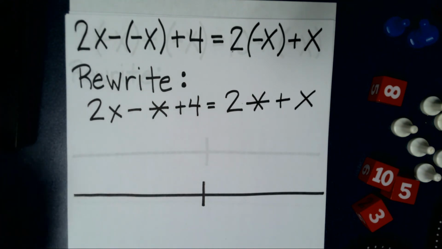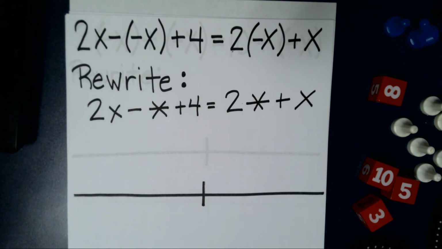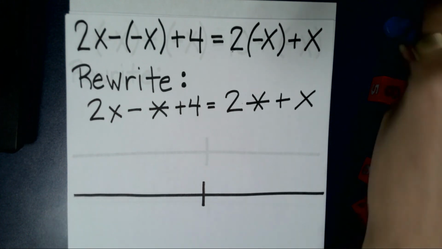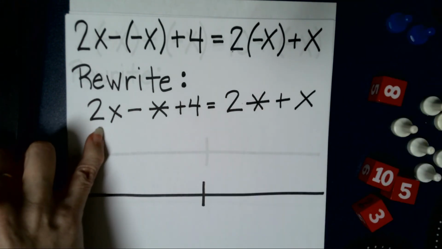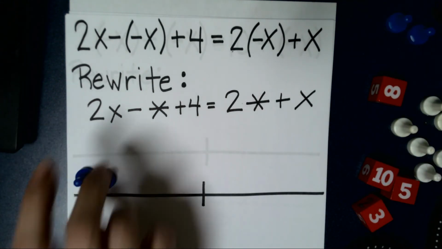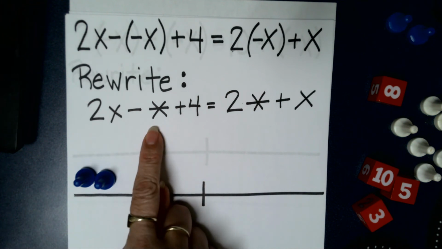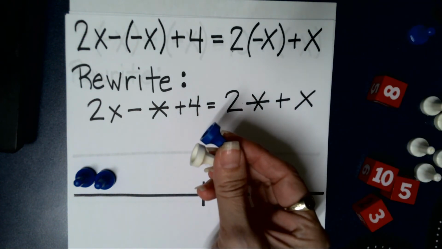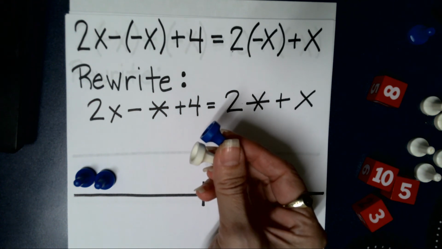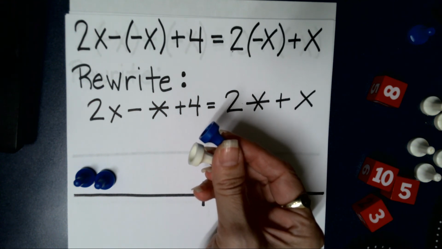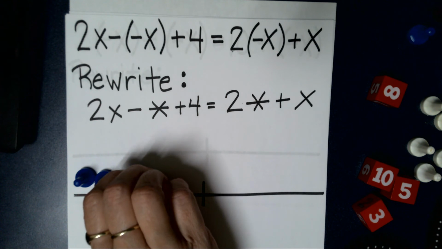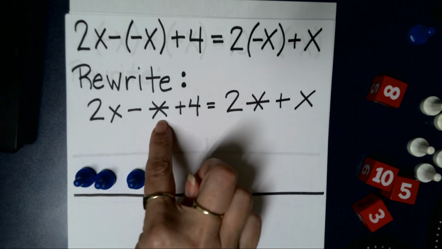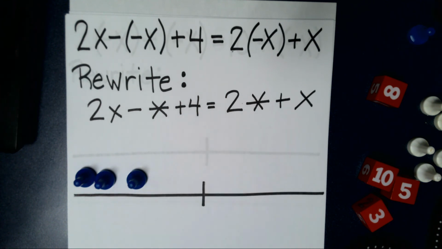So let's go ahead and set up our equation. We start with 2 pawns on the left. This tells me to take away a star. I don't have a star to take away, but I can always add a 0 pair, and a 0 pair has no value because they're opposites. So I can place this on here and then remove my star.